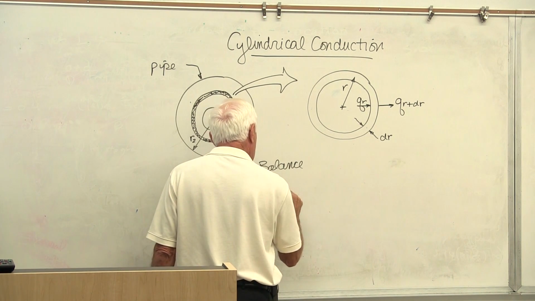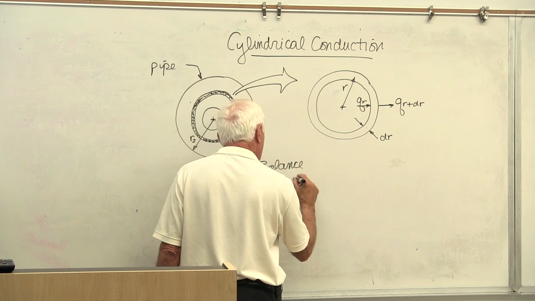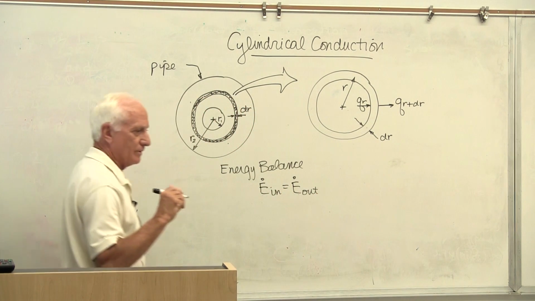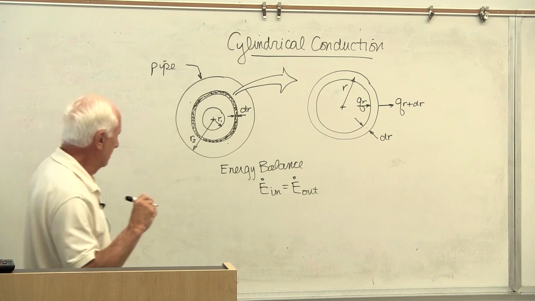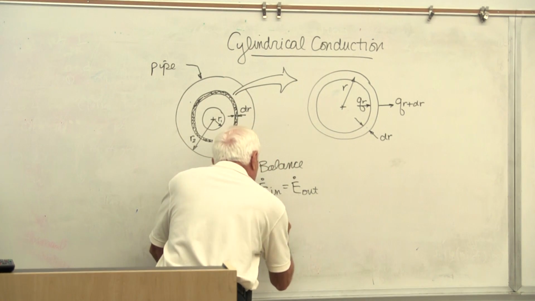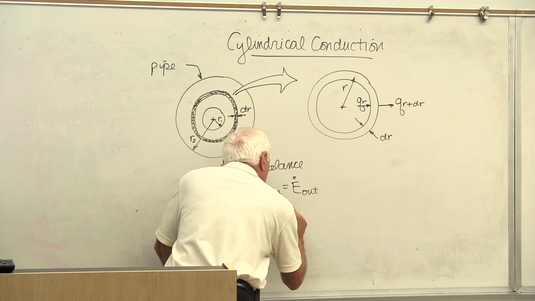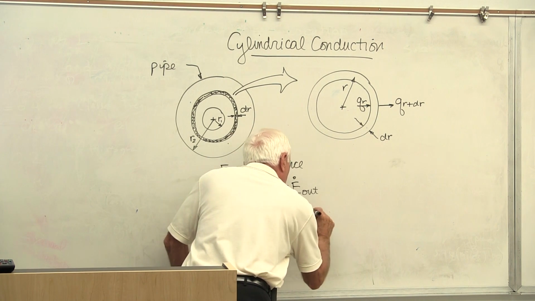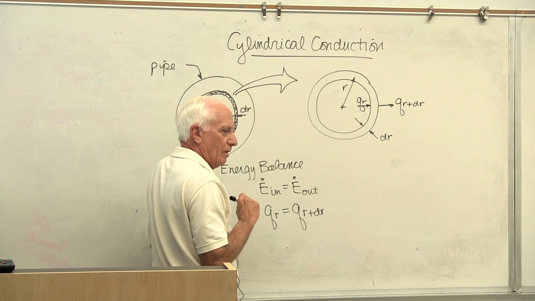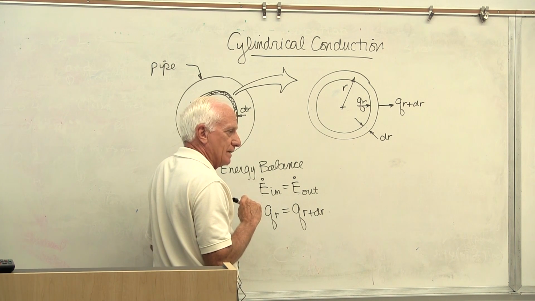Okay, the energy balance. E dot in equals E dot out. Remember, there's no E dot storage, there's no E dot gen. What comes in is q at r. What goes out? q at r plus dr, expanded in a Taylor series. Neglect higher order terms.